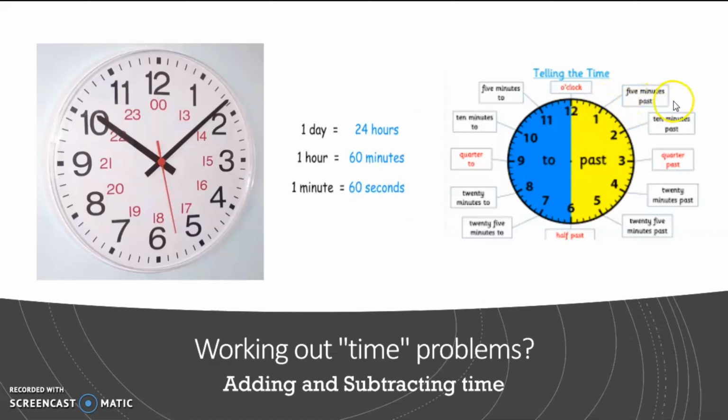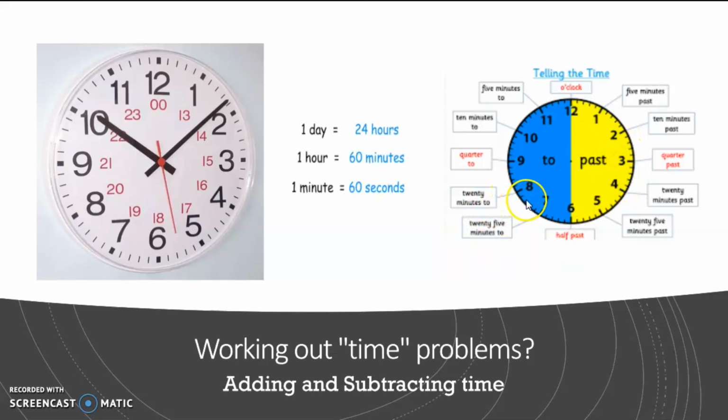So again, 5 minutes past, 10 minutes past, quarter past, 20 minutes past, 25 minutes past, half past, 25 minutes to, 20 minutes to, quarter to, 10 minutes to, and 5 minutes to. And all those little ticks in between, we'll pick just a random one.